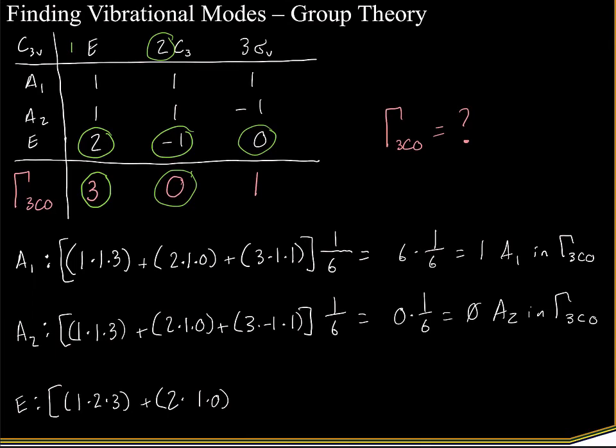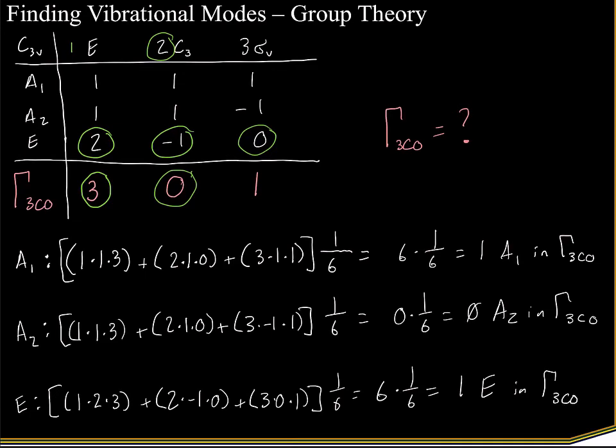It's not like I spaced out on writing a 4, which is kind of what it looked like there for a second. And lastly, I have 3 times 0 times 1. So this is 6 times 1/6 again. So that means there is one E contained inside our gamma.